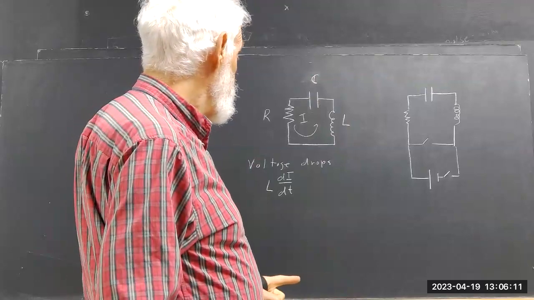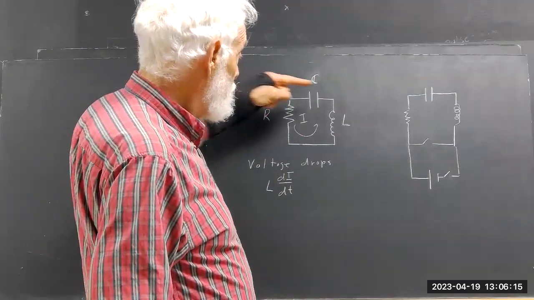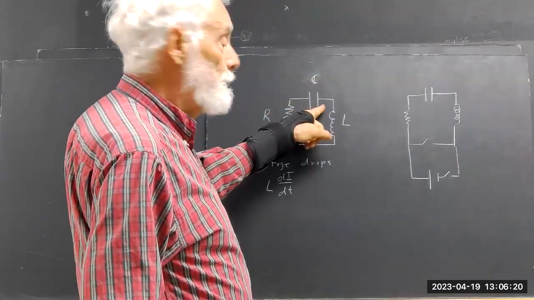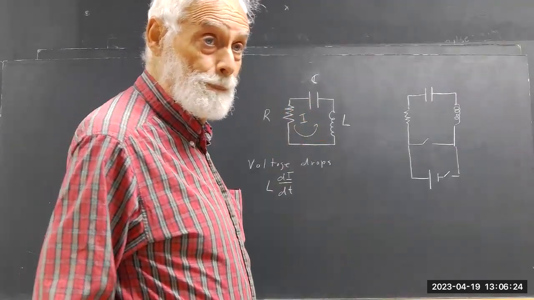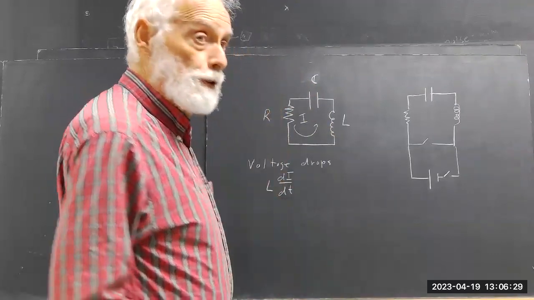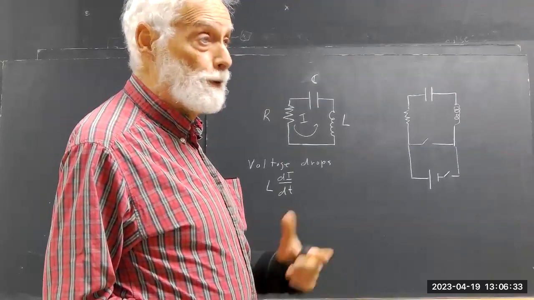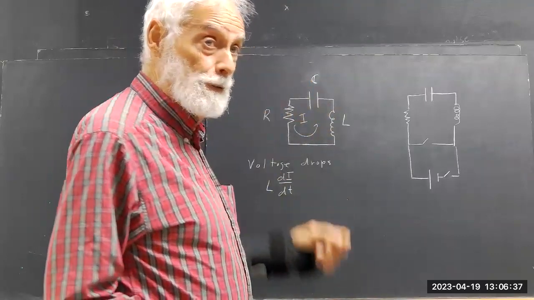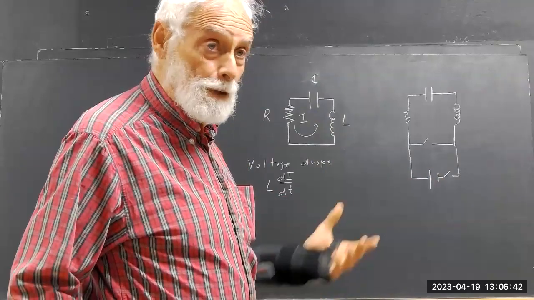Now, if the capacitor is positively charged, you'll again have a voltage drop across the capacitor. If this is positive and this is negative, that's a voltage drop. And if the current is flowing in this direction, then you have a voltage drop across the resistor. You can't have actual voltage drops across all three, because of conservation of energy. Voltage is your work per unit of charge, your energy per unit of charge.